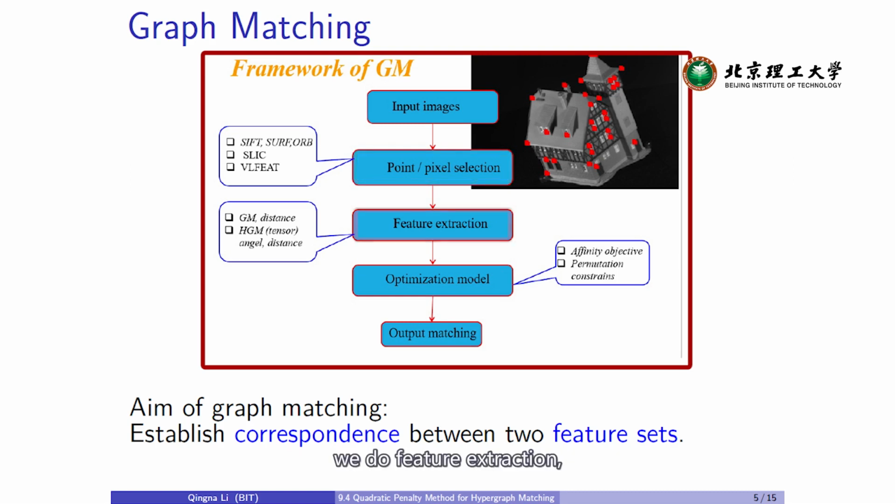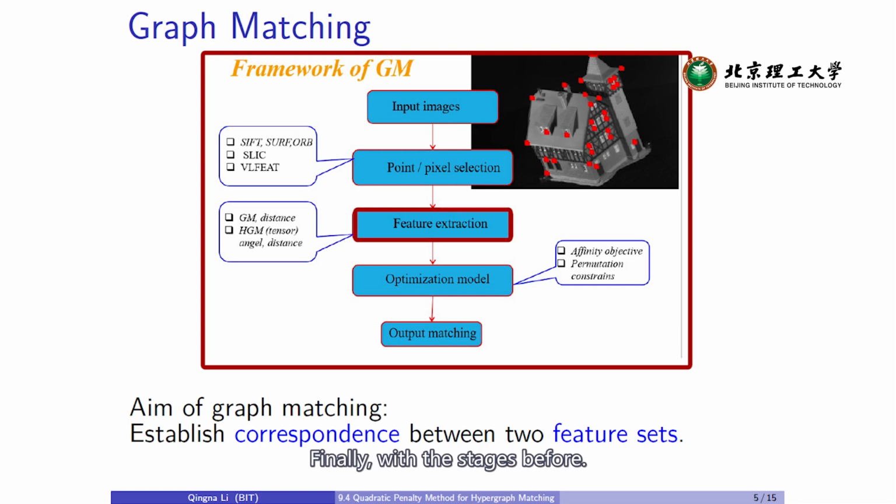After that, we do feature extraction, which means we extract meaningful features from the pixels or points, and we evaluate some initial features in this part.